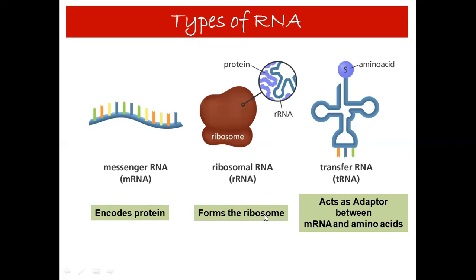Ribosome is the structure which is actually considered as a maker of proteins. Next, you can see the secondary structure of transfer RNA. This transfer RNA acts as an adapter between mRNA and amino acids.